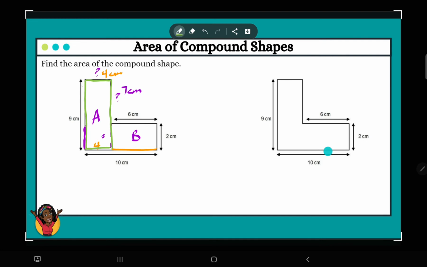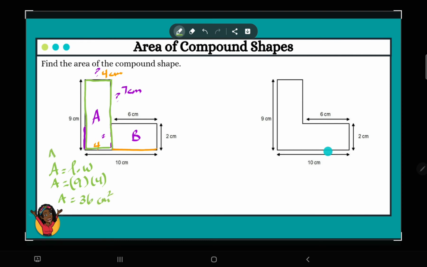So here I find that I have one dimension that's 9 and another that's 4. So I'm going to use my formula, A equals length times width, or base times height, whichever is fine. And I'm going to multiply 9 times 4, and that will give me the area of rectangle A.